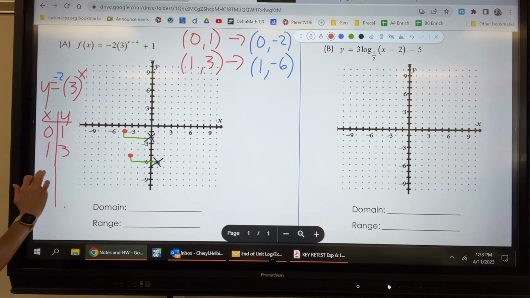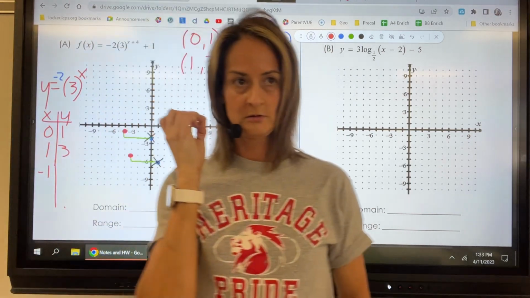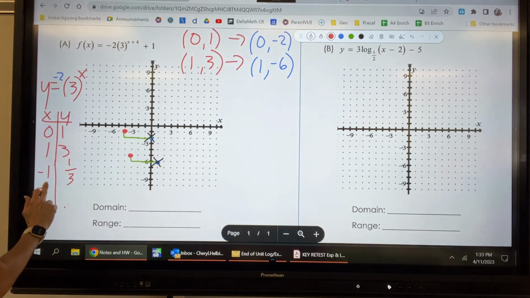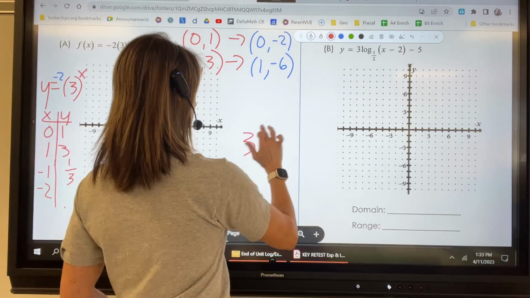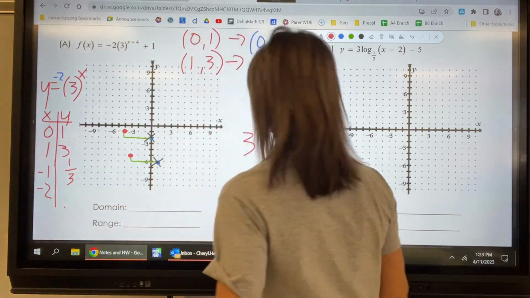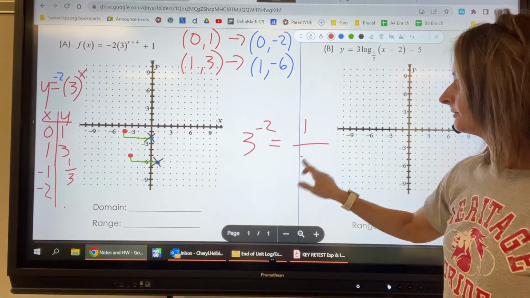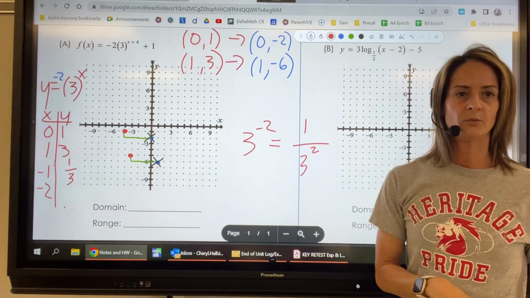Let's put in -1. What's 3 to the -1 power? 1/3. Okay. What if I put in -2? What's that equal to? We went over this last class, last week before, right? 1/9.